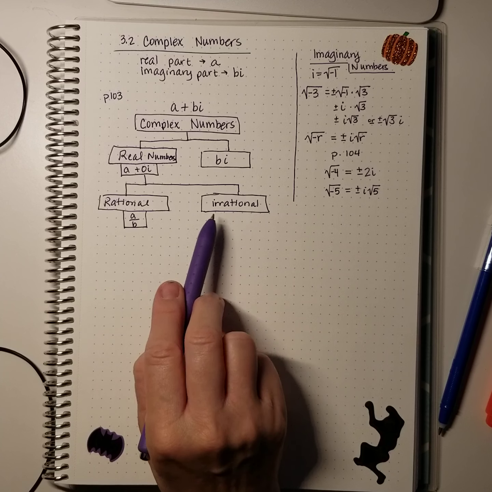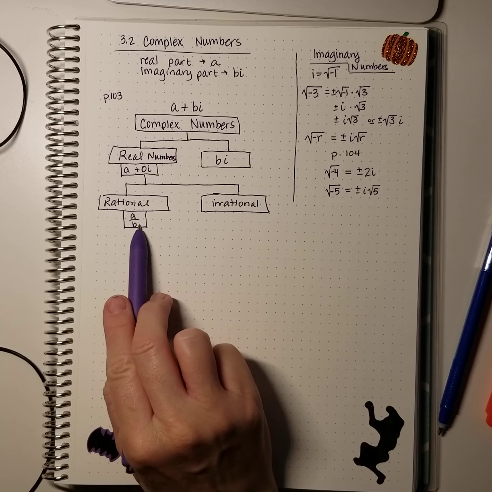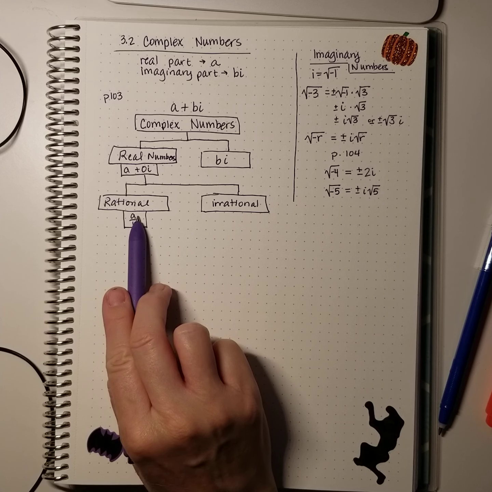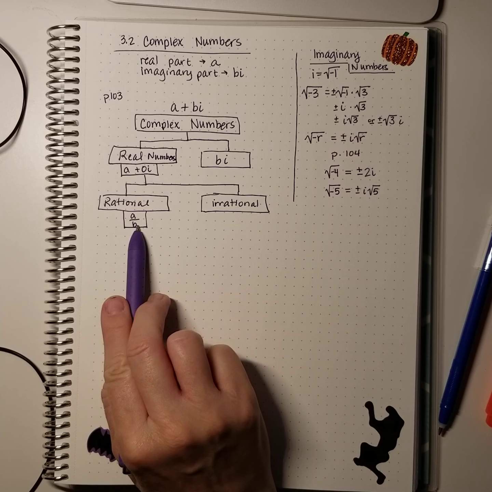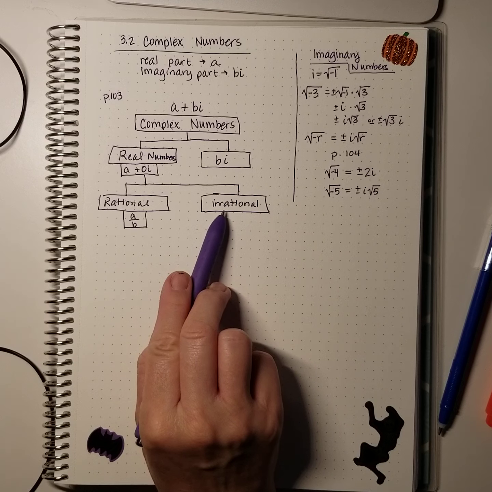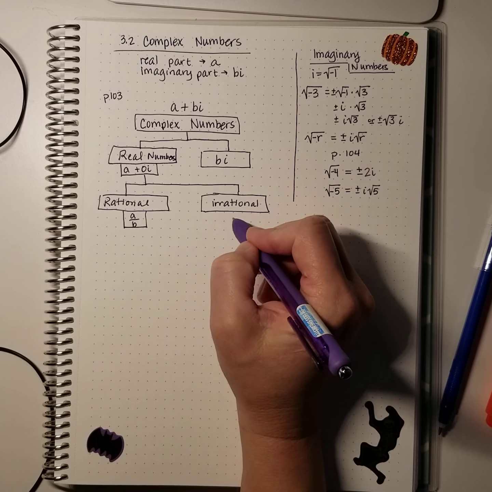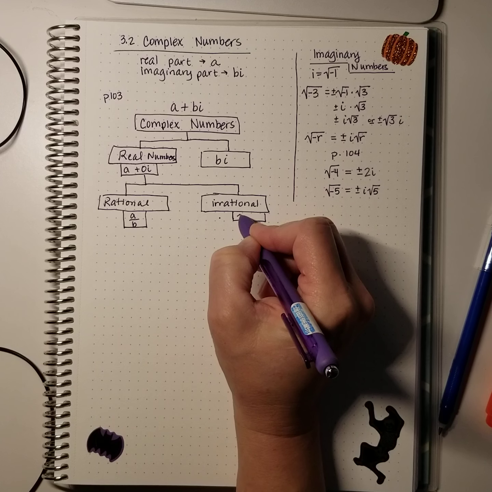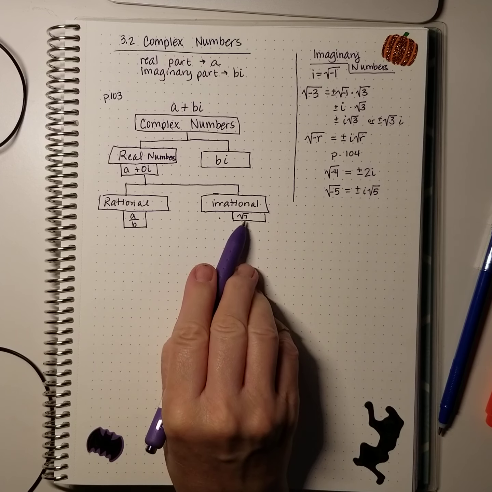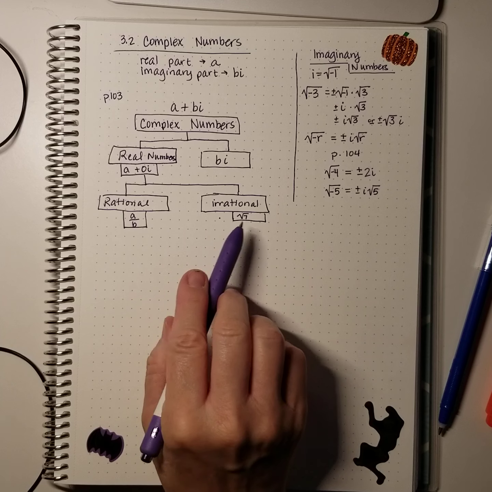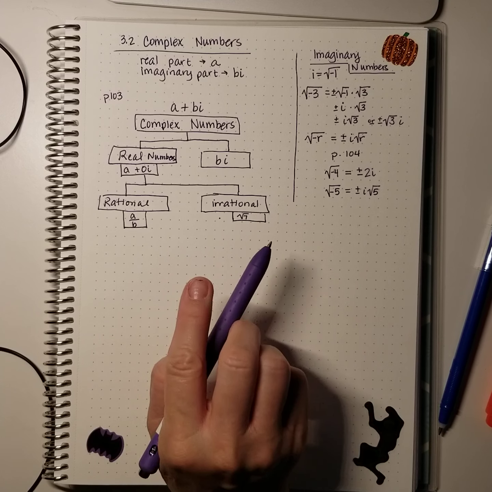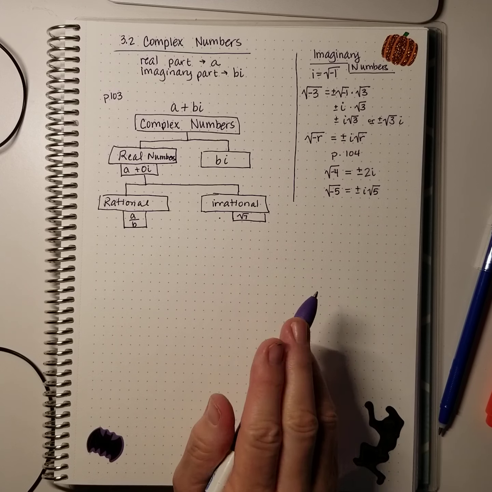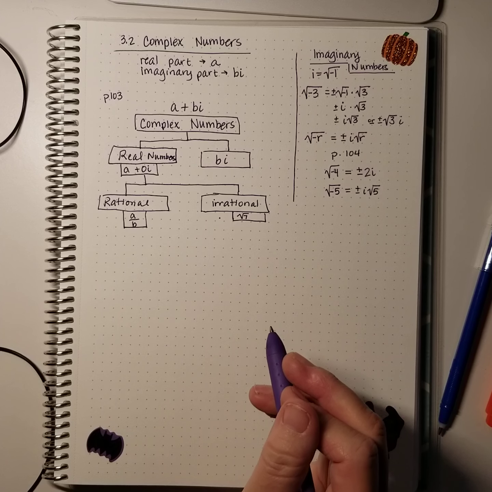Irrational numbers can't be represented as an integer over an integer, some ratio of integers. There are other numbers like the square root of 7. If you were to put that in your calculator and get a decimal version of that, you would see a non-repeating, non-terminating decimal.